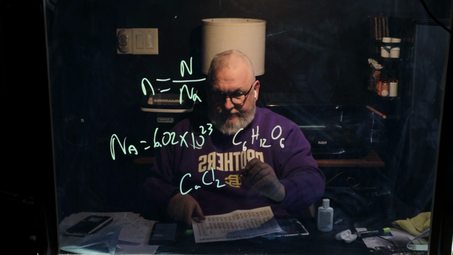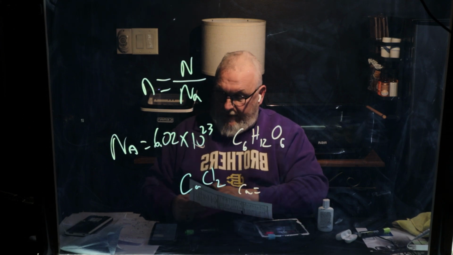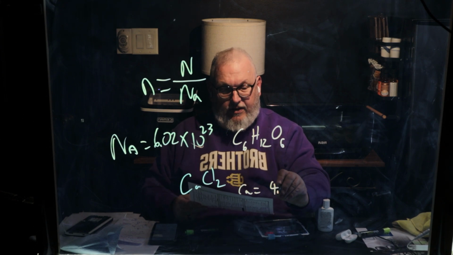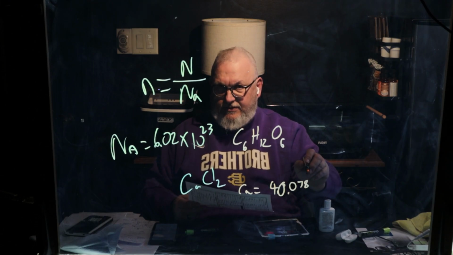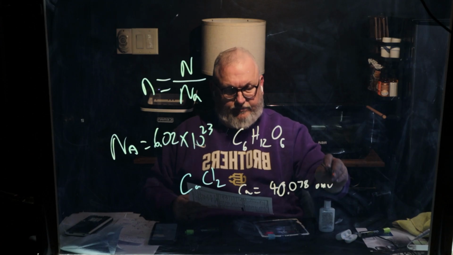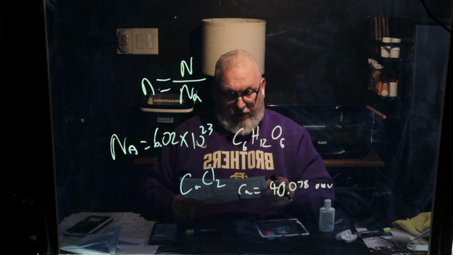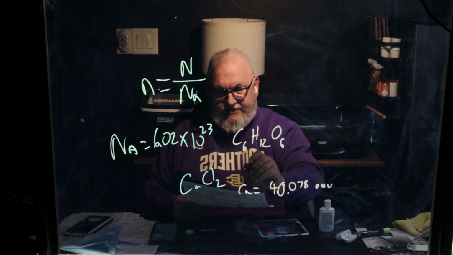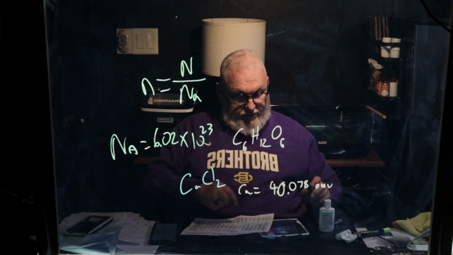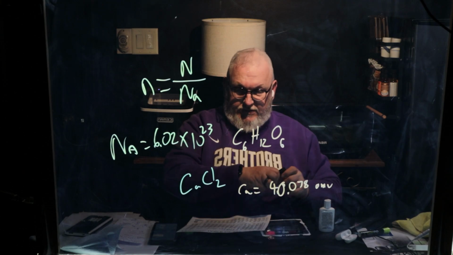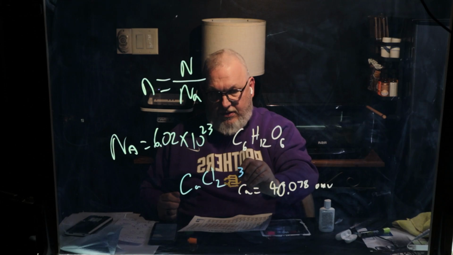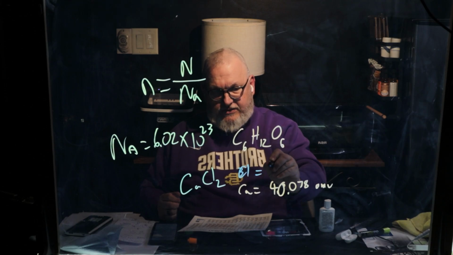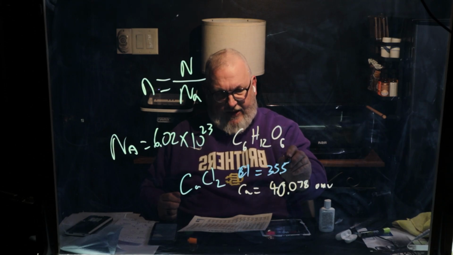Okay, and again, I'm going to find from my periodic table the AMU weight, which is the weight or mass in AMUs of 1 formula unit of calcium chloride. So calcium has an atomic mass of 40.078 AMU. All right, chlorine has a formula mass of 35.45. You want to be exact.